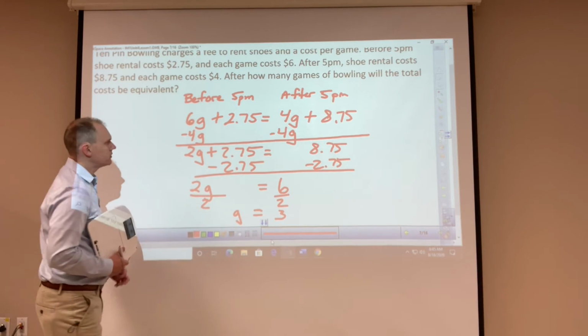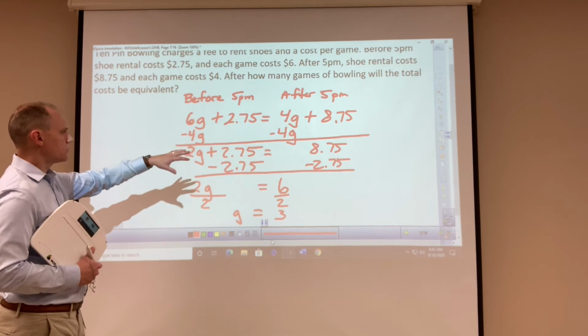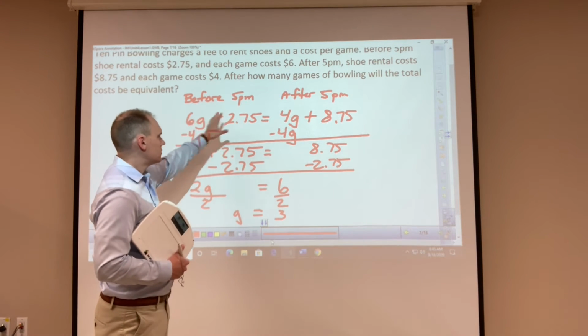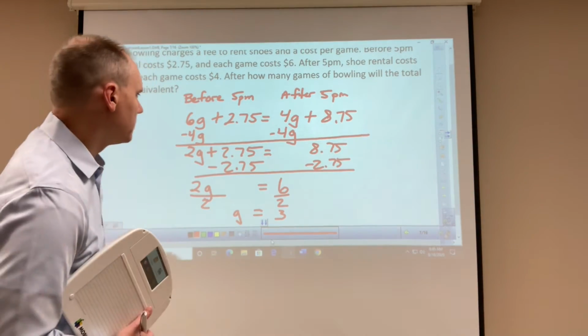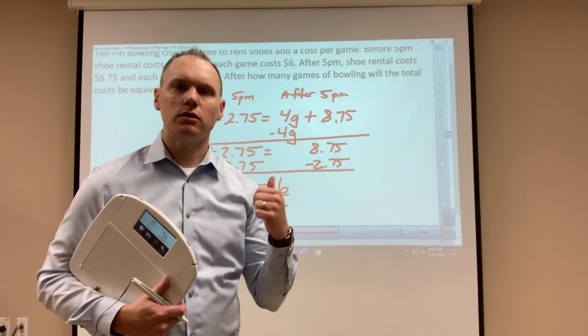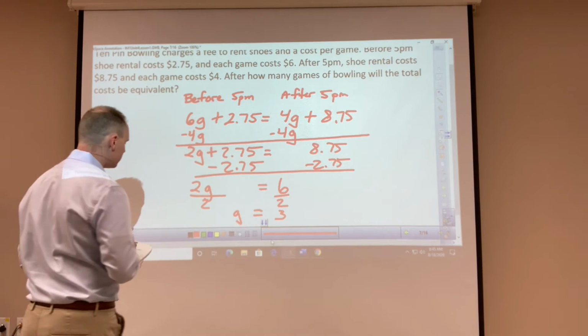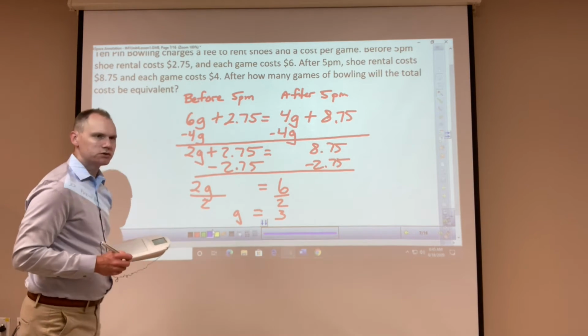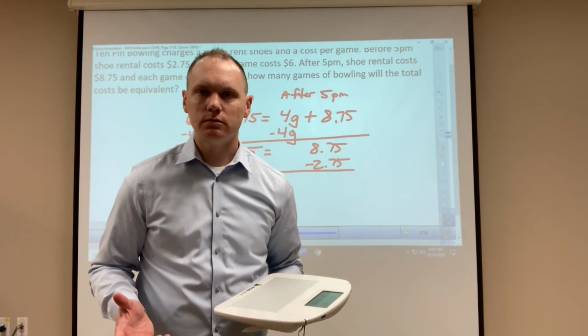So an interesting situation there where we're comparing two things, trying to figure out when they're equivalent. So we've got two variables involved. Again, get the variable by itself. Just remember that anything you do to one side, you've got to do to the other side. All right. And just to be clear here, let's say we wanted to multiply both sides by 2.